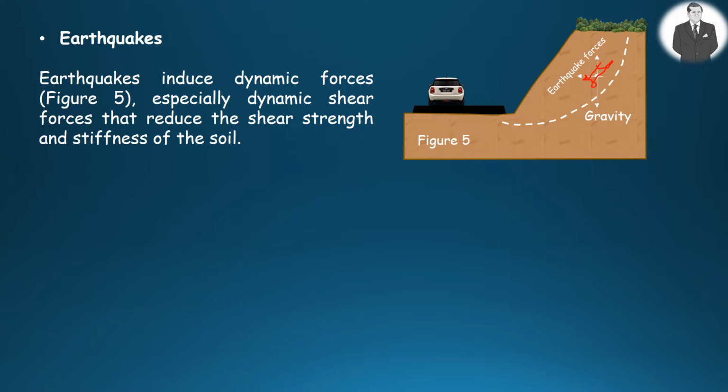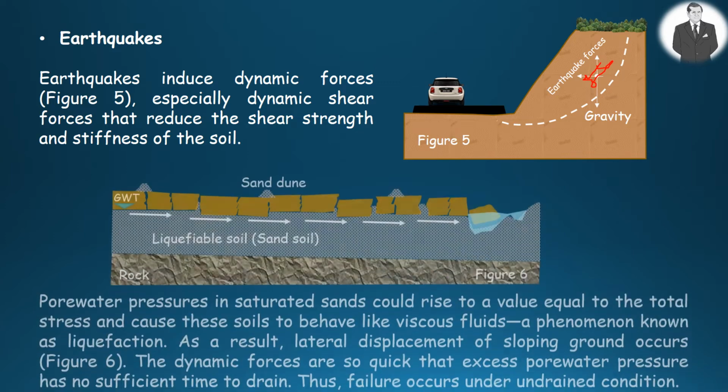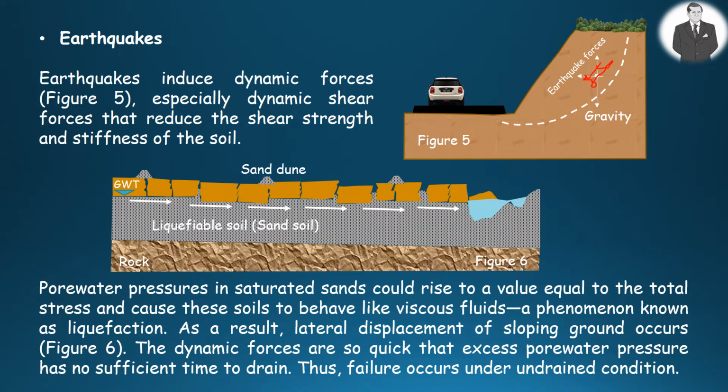stiffness of the soil. In saturated sand, pore water pressures could increase to a value equal to the total stress and cause saturated sands to behave like viscous fluids, a phenomenon known as liquefaction.